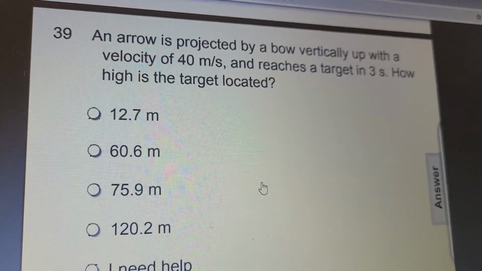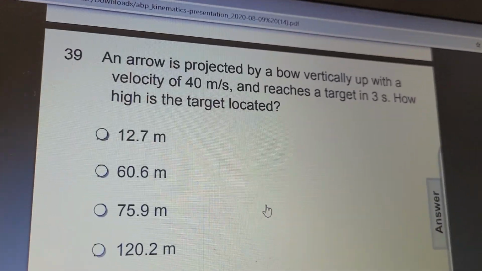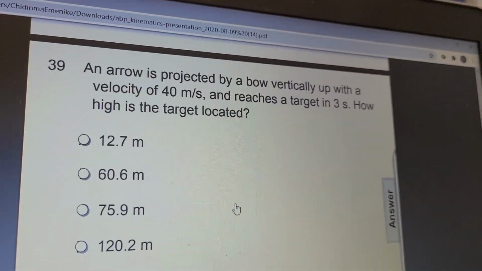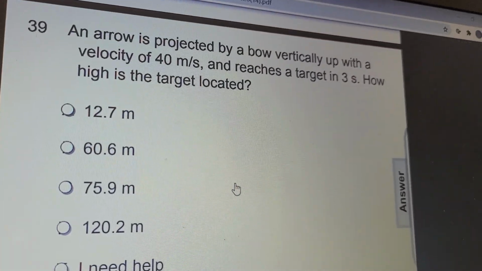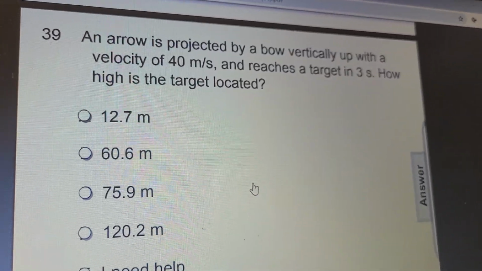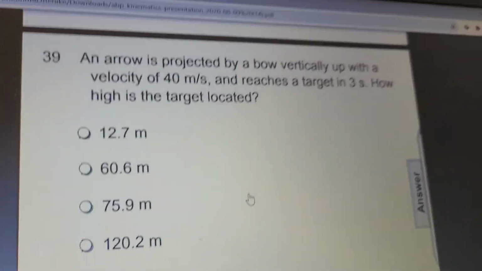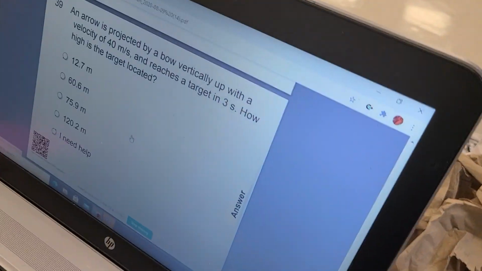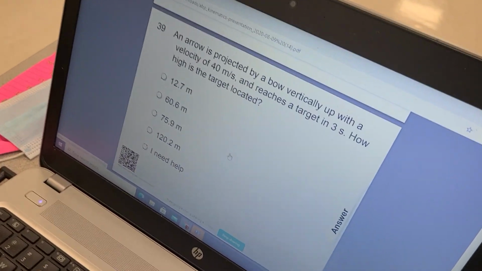The moment that bow and arrow leaves me, boom, it's going at 40. It's not slowing down yet. Its ending velocity is whenever it hits that target, and it hasn't gone to that target yet. So my starting velocity is going to be 40. The key word is with. If it was the final, it would have said after, but it said with.